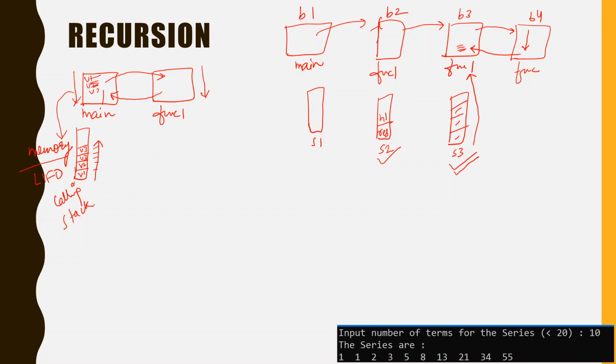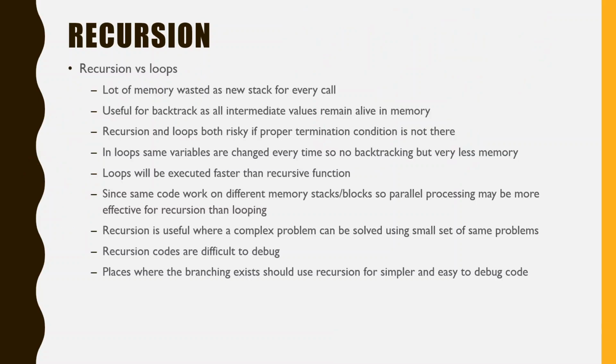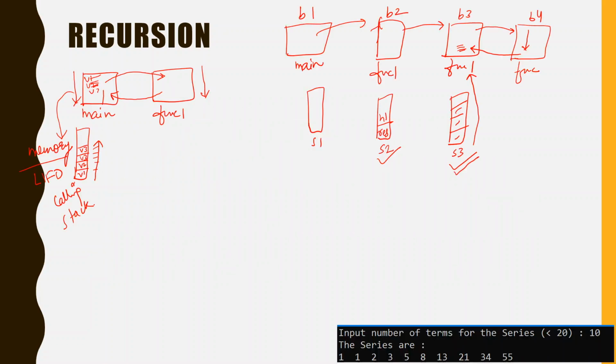So all the values remain available for usage, and that is why recursion is useful. But a lot of memory is wasted in this process. This might be taken as a disadvantage of recursion, because in every recursive step a new stack is created.